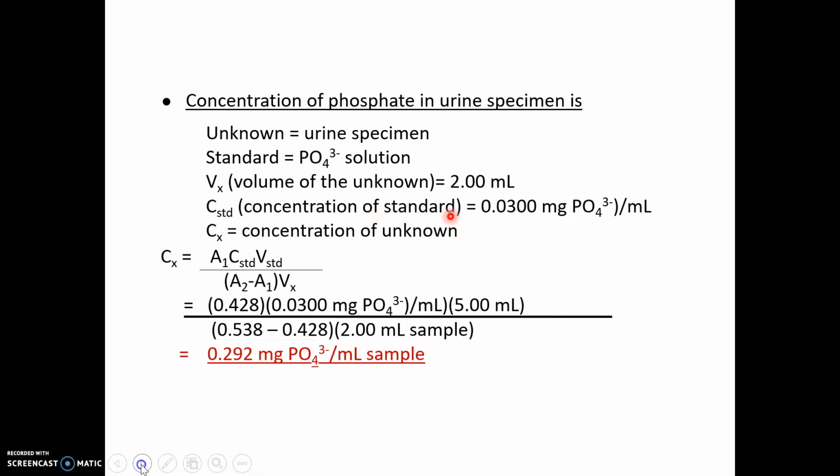C standard is the concentration of the standard, which we must know: 0.0300 milligram per ml. Cx is the concentration of unknown that we are going to determine. So you just substitute the values into the equation, then you will get the concentration of the unknown. That's all for the single point addition method.